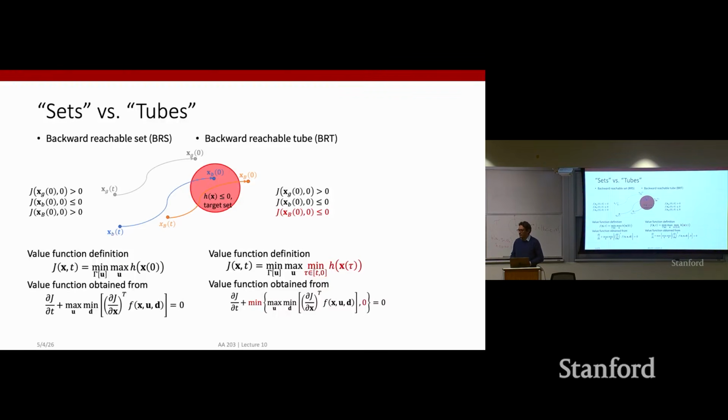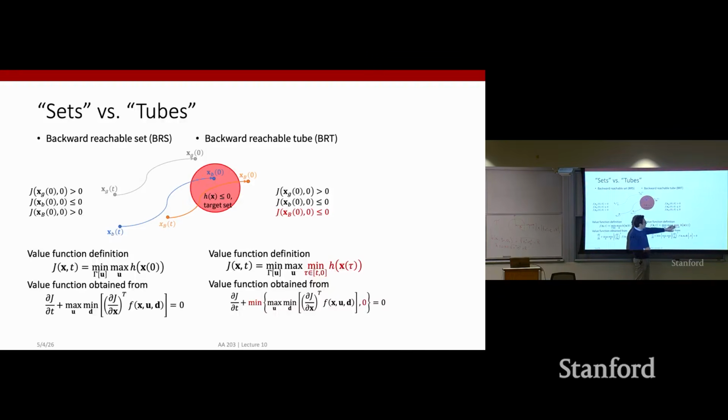Make sense? So basically, you are making your cost a bit more sophisticated to encode the notion that you don't just care about what happens at the end of the optimization horizon, but you care about what happens throughout the horizon. In particular, you want to make sure that in the worst possible situation across your optimization horizon, h never dips below 0.